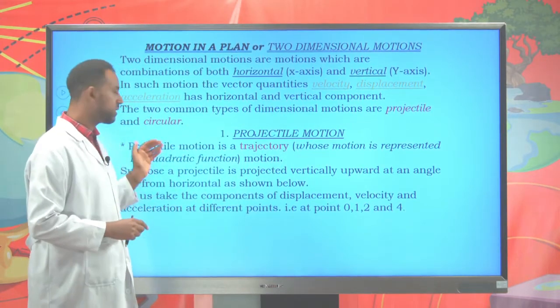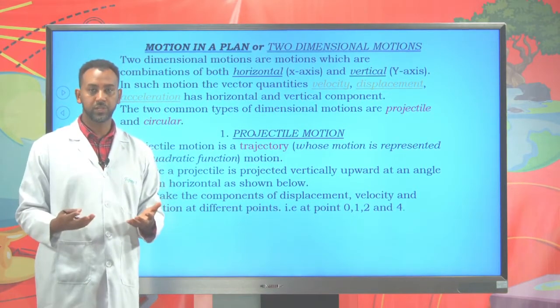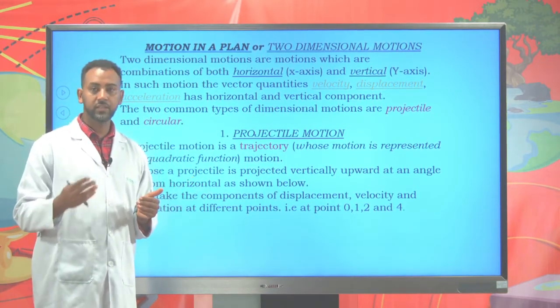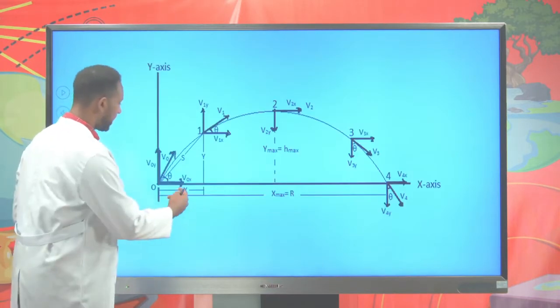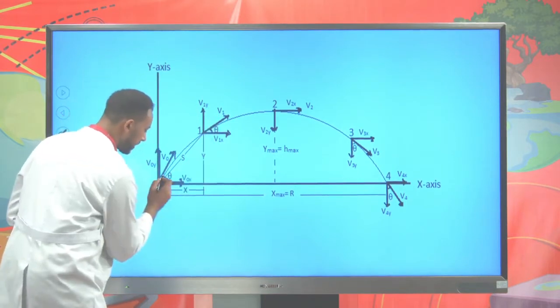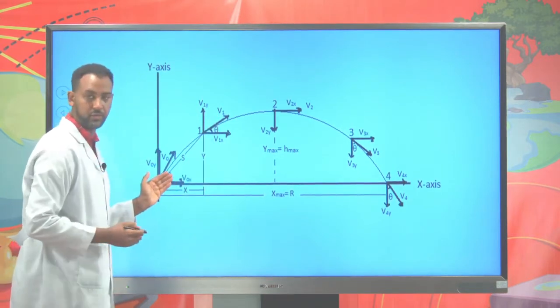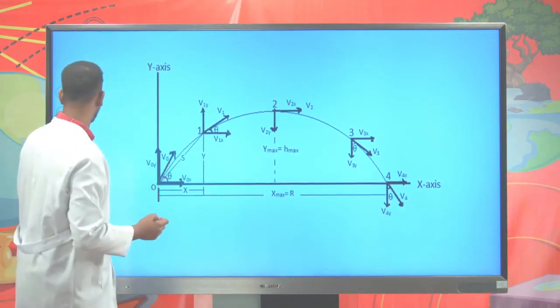Projectile motion. Suppose you project a given particle or a given object at an angle of theta from the horizontal. Suppose you are throwing something upward at an angle of theta, with an initial velocity v0.